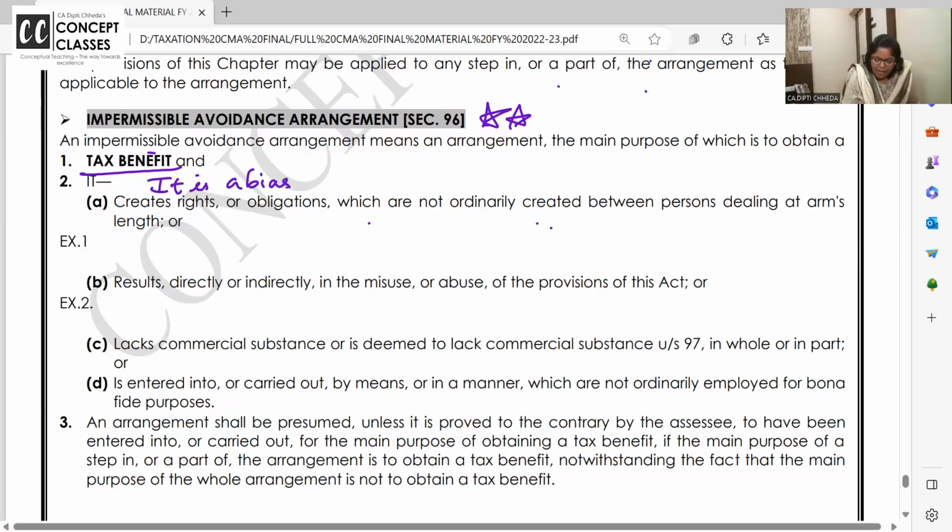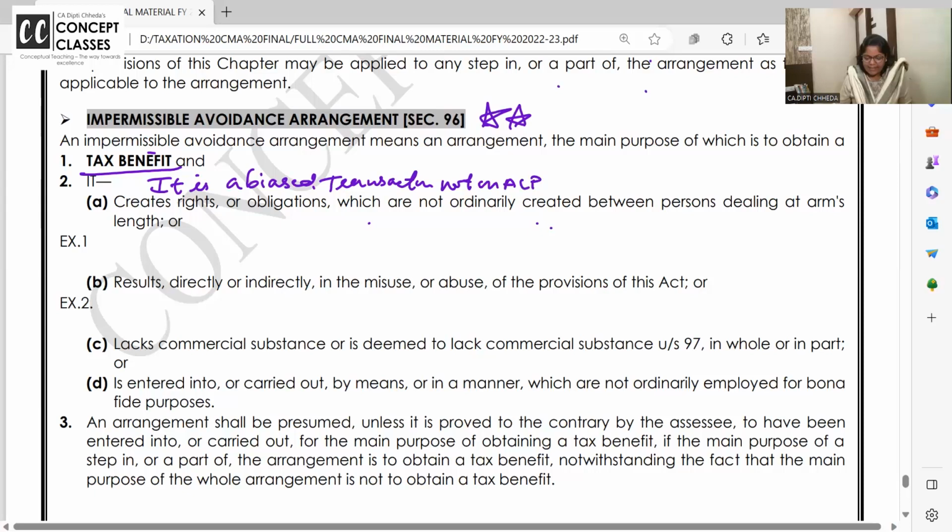a biased transaction. I want all of you to write with me. A transaction which is not at arm's length, it is a biased transaction, not on ALP. The transaction is not happening at arm's length price. What is written?